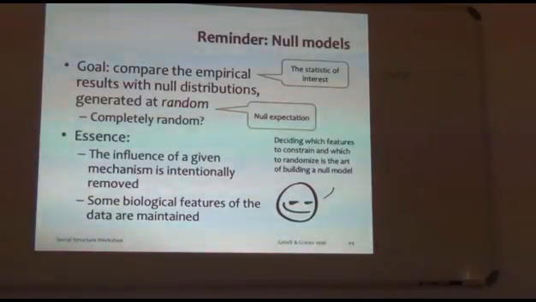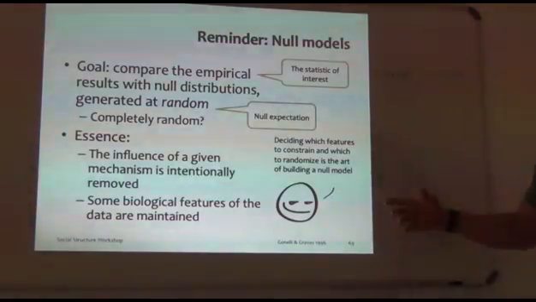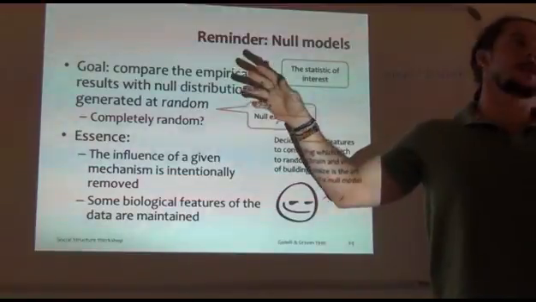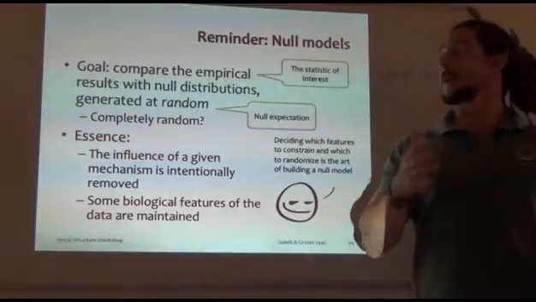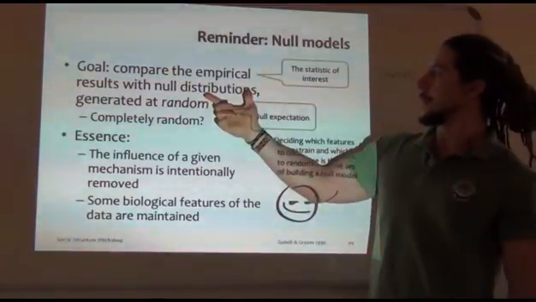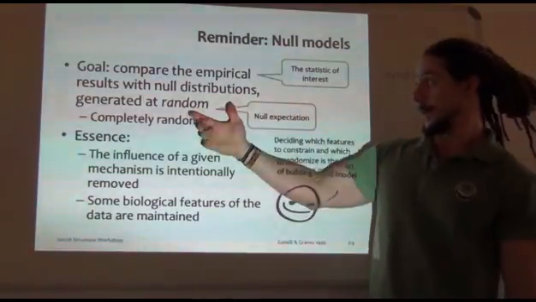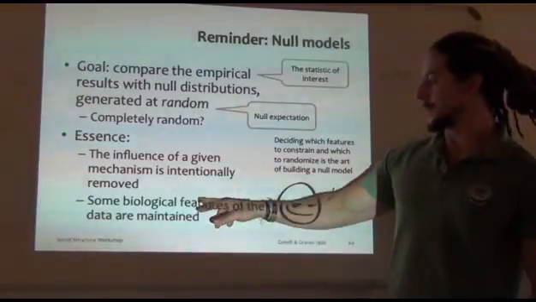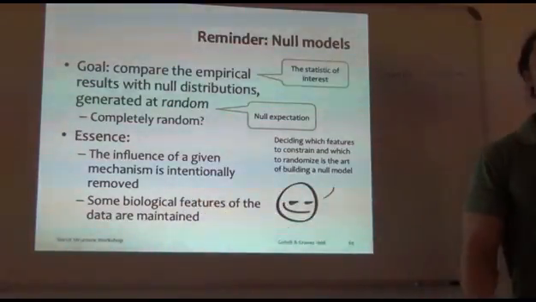So just to remind ourselves, our goal here is to compare our empirical results, in this case one network metric, with null distributions generated at random, not completely random. We want to constrain some biological features of the data.